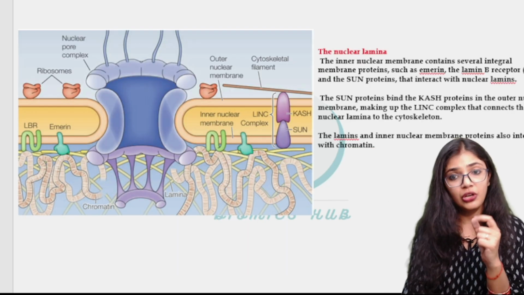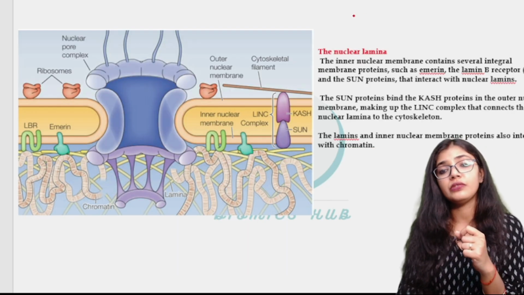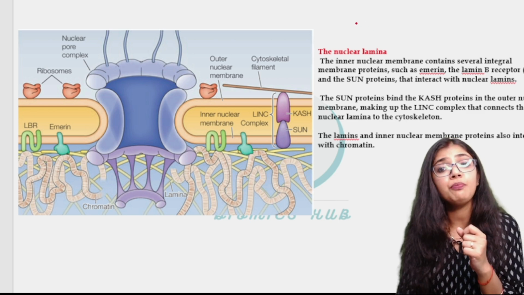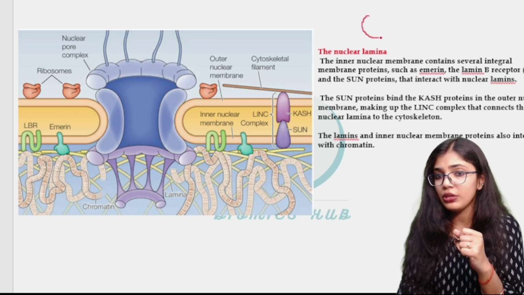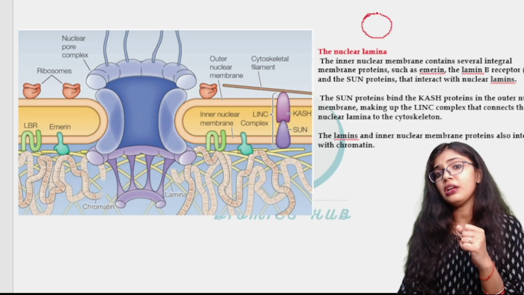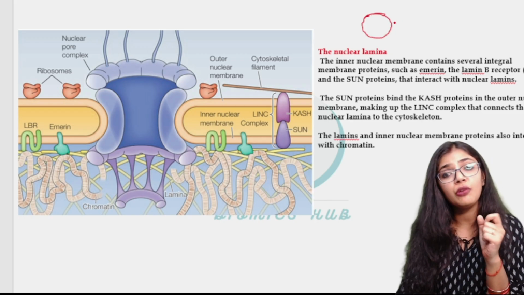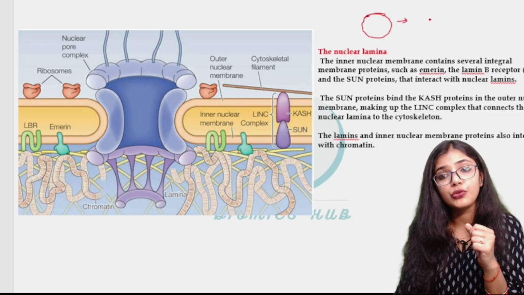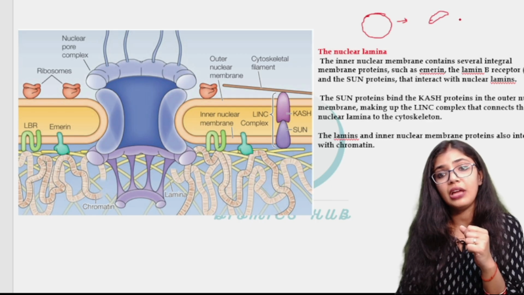This is the structure of the nucleus. The nucleus has some pores within it. The nucleus is round in shape, but in this round shape there are also certain pores which are formed.